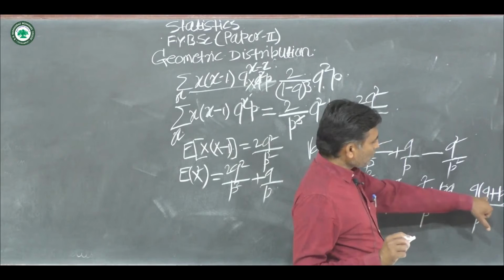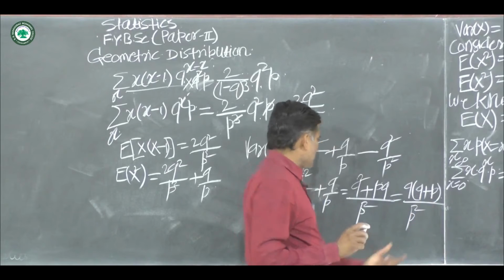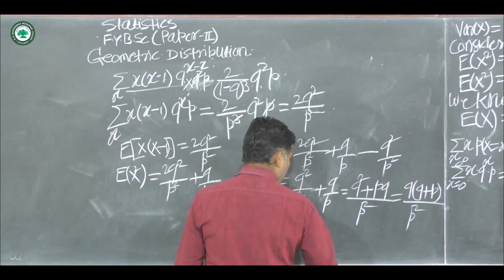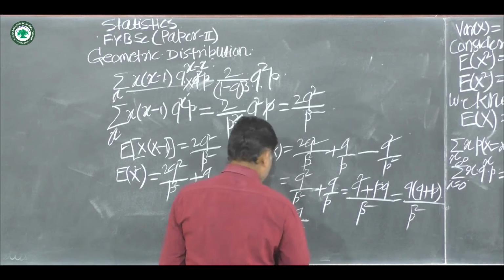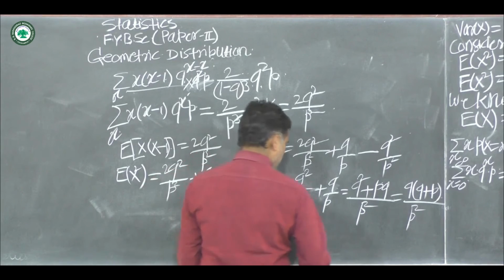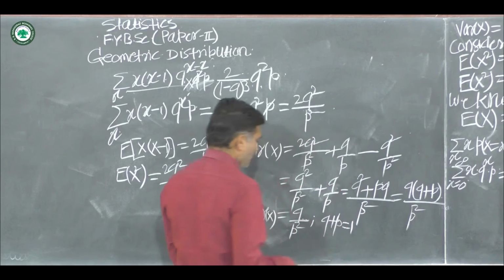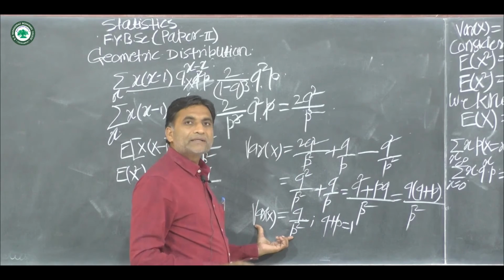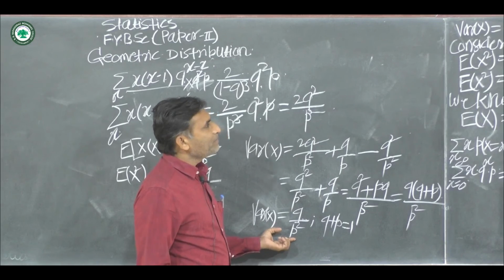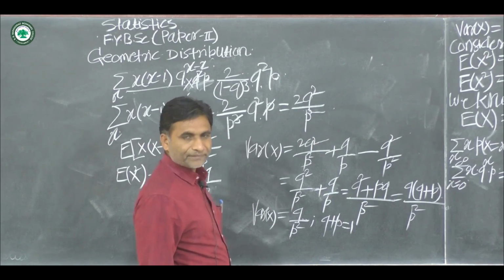We know that total probability is equal to 1, that is p plus q is equal to 1. Then we have variance of random variable x is equal to q upon p square. This is the variance of geometric distribution with parameter p, which is equal to q upon p square, and the mean of geometric distribution is q upon p. Okay, thank you.